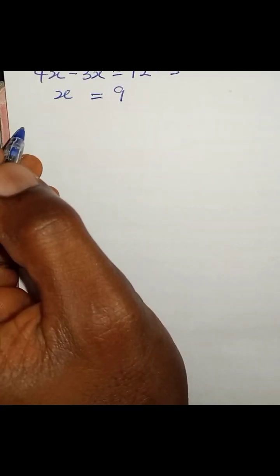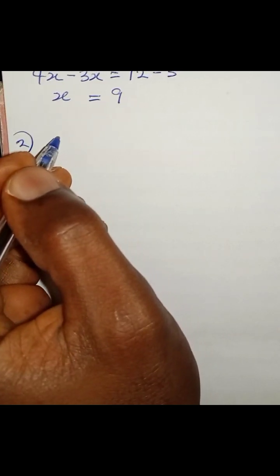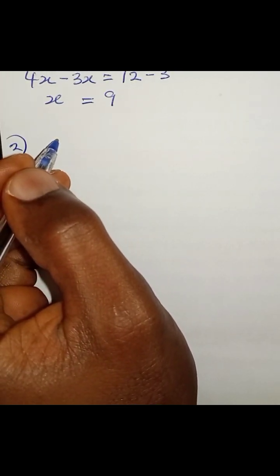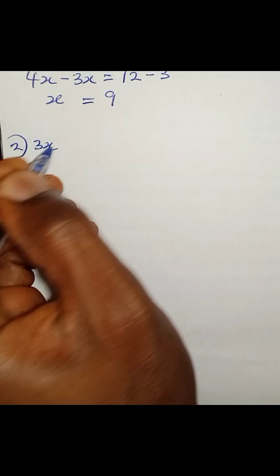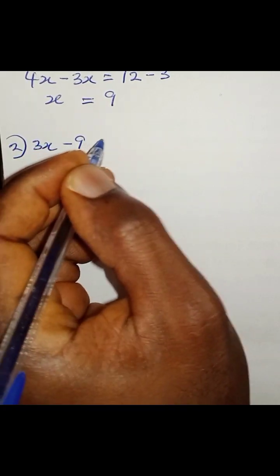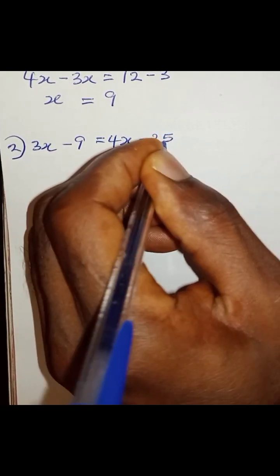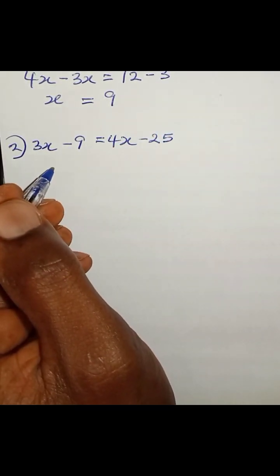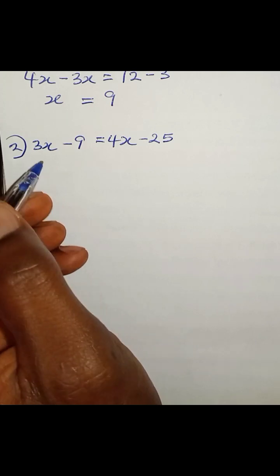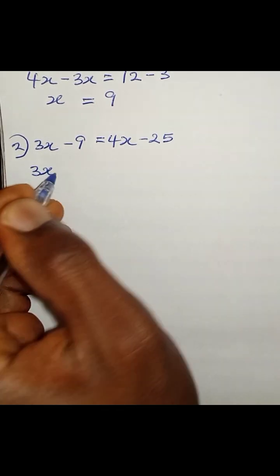If we have a question as 3x minus 9 is equal to 4x minus 25. Like I said earlier, the first thing we'll do is to collect like terms. We'll bring down our 3x.